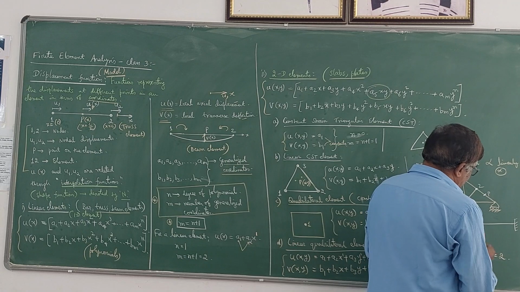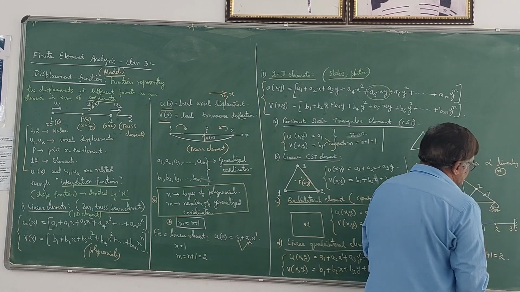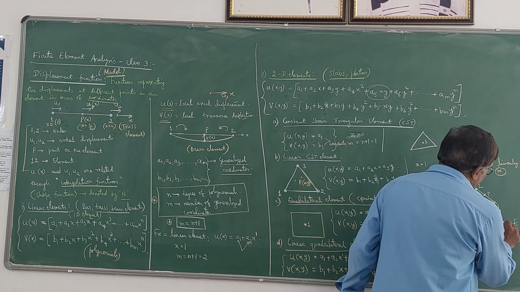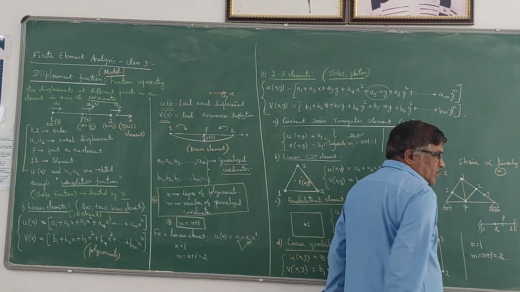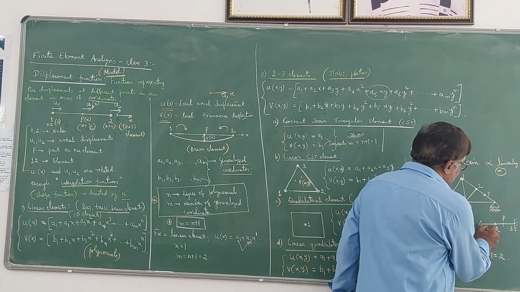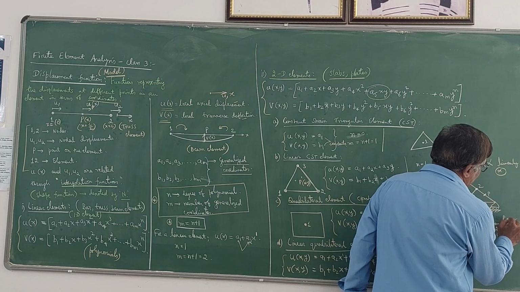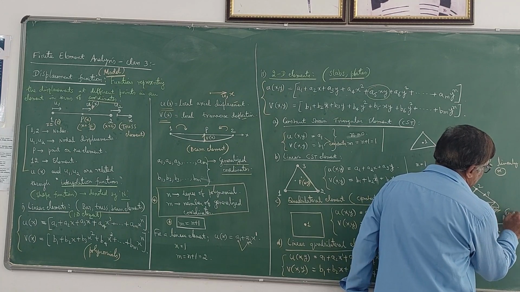Here also, this beam may be having different nodal points like this. If I want the displacement at point P somewhere here, by knowing the displacements u1, u2, u3, we can always find out the displacement at P.